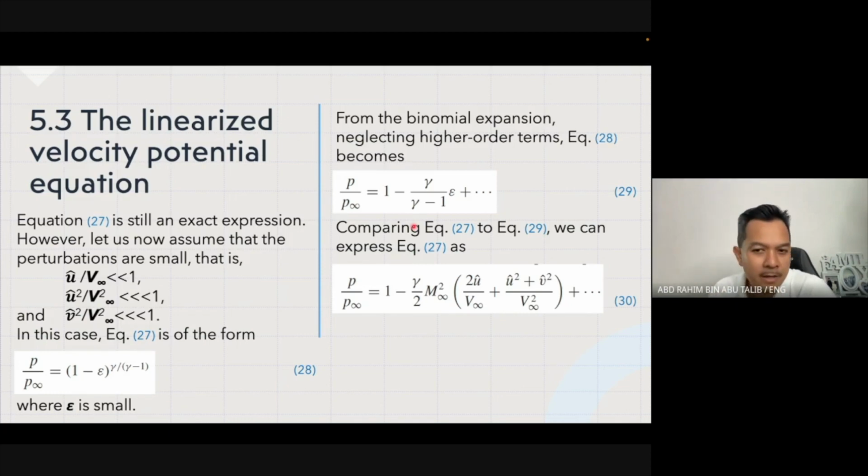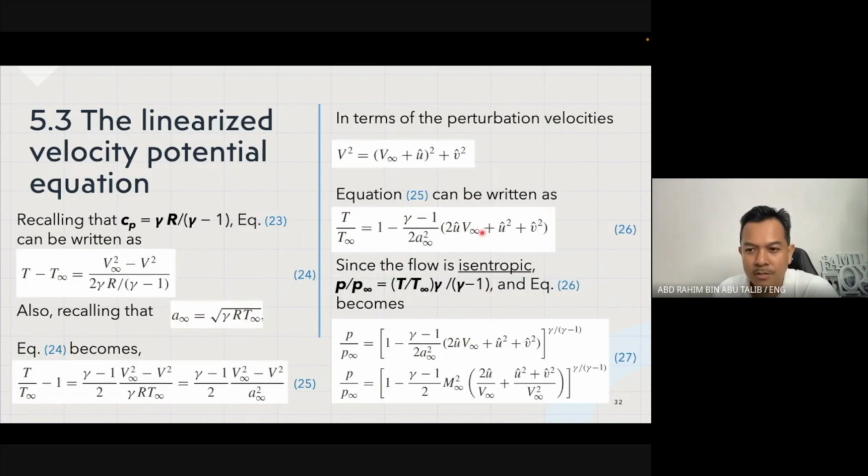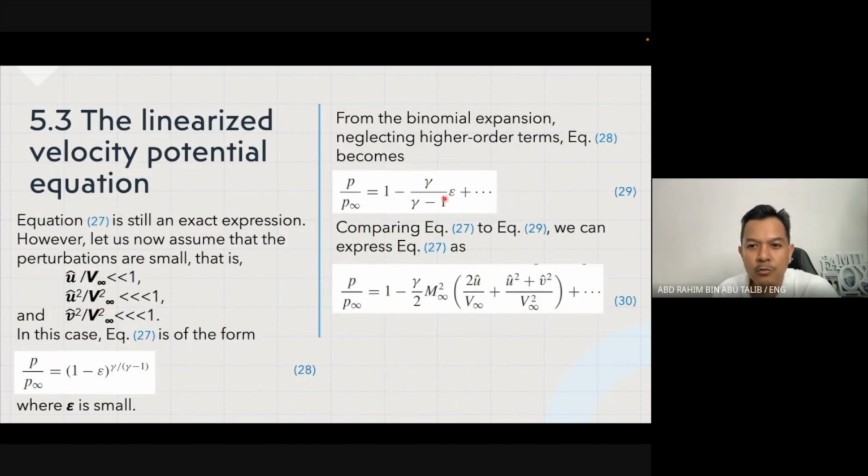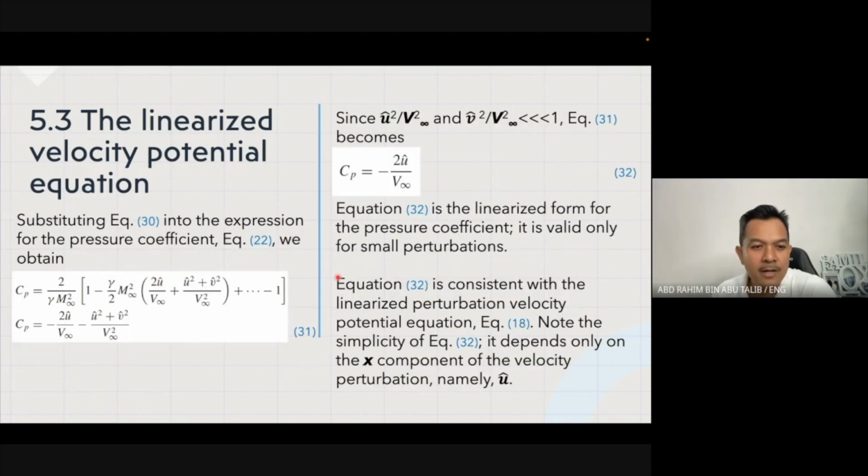And by comparing equation 27, which is this expression down here, to equation 29, we can express equation 27 as equation 30. So that's how we further simplify, replacing with the known value.